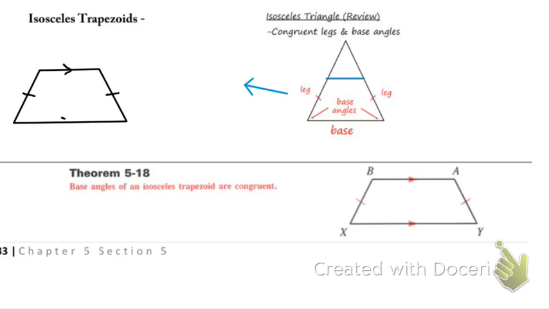Maybe I should put parallel lines on here, saying that those are parallel. That's what makes it a trapezoid. In an isosceles triangle, base angles are congruent. In an isosceles trapezoid, base angles are congruent.